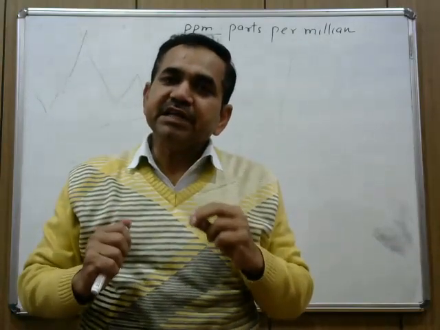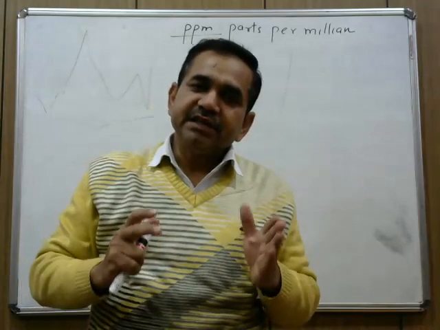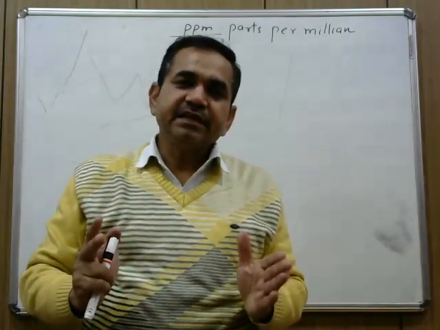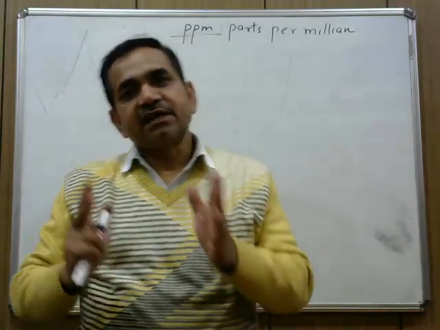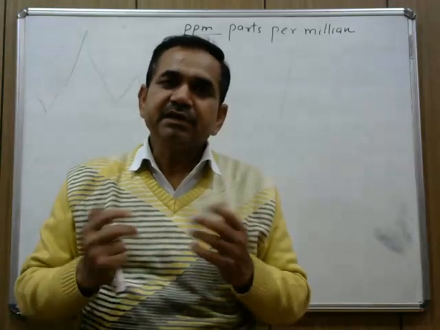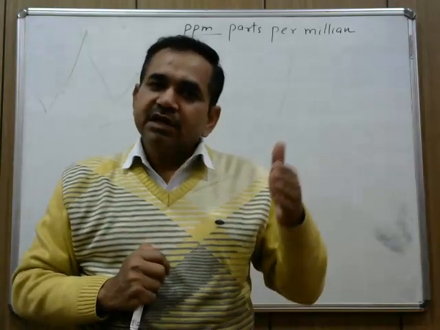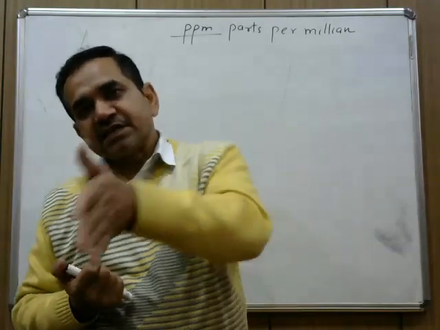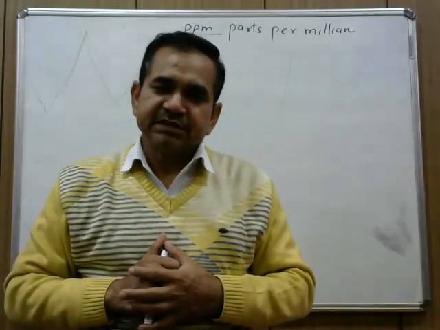So parts per million represents the amount of solute that is present in 1 million parts of solution, or the parts of solute present in 10 to the power 6 parts of solution.